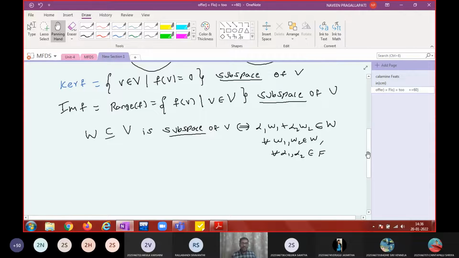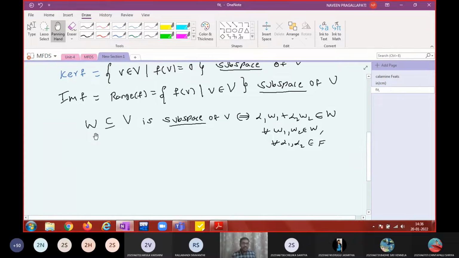How do I show that kernel f is a subspace of V? You take any two elements of kernel f. So let us take v1, v2 as two elements of kernel f. What is the meaning of kernel?